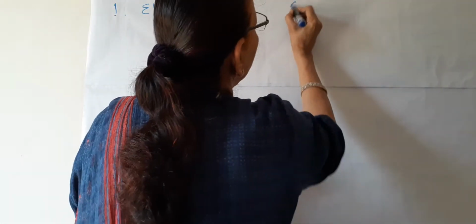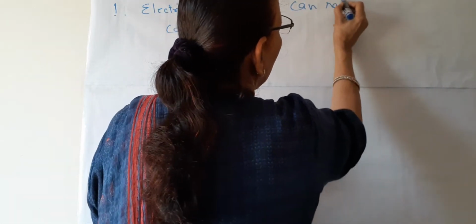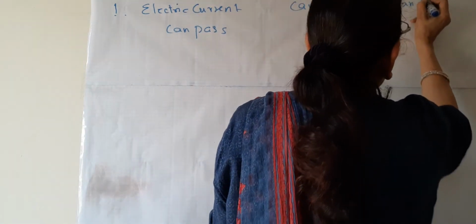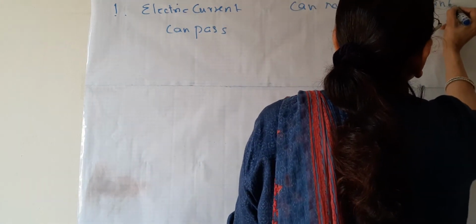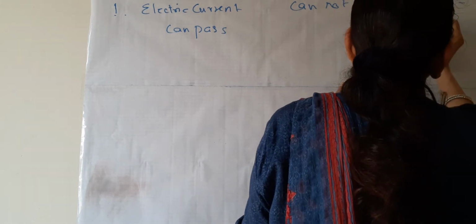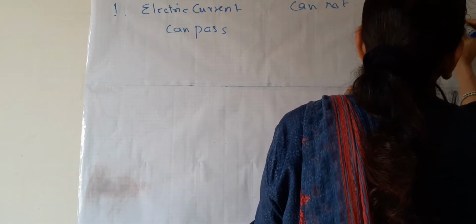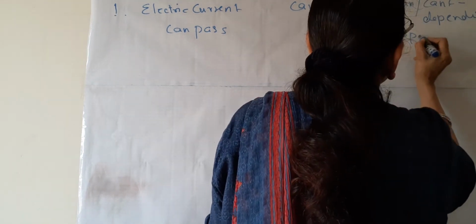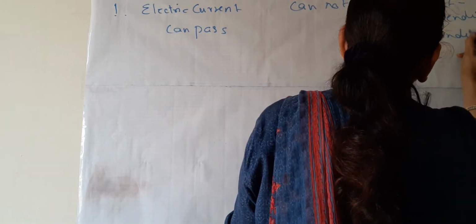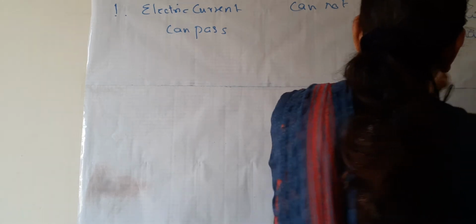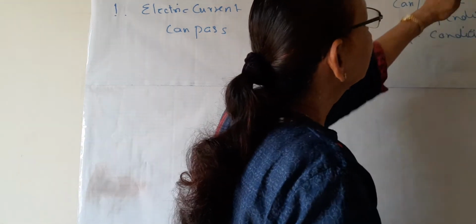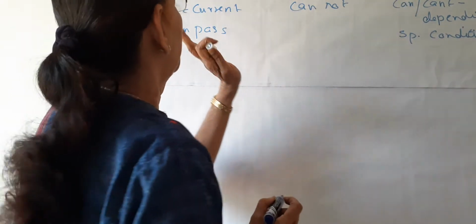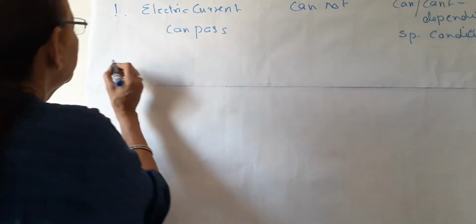Insulators cannot. Current cannot pass, and semiconductors can or cannot, depending upon specific conditions. So when specific conditions are given in semiconductors, current can pass or cannot pass. So this is the first point.